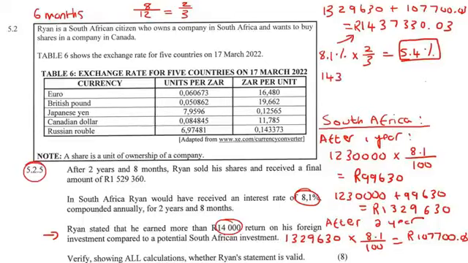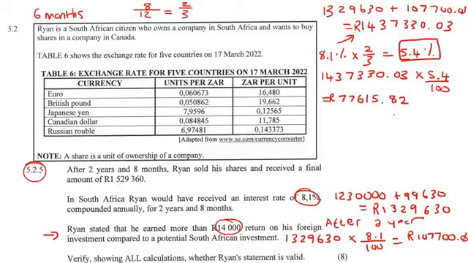So you could now say 1,437,330.03 multiplied by 5.4%. And if you then had to go work that out, and remember for 5.4% you can say 5.4 over 100. And so that's going to be 77,615.82 rand. This is how much interest was earned for the 8 months. Okay, so to work out what the total amount would be then for the 2 years and 8 months, you're then just going to add this back onto this amount over here.